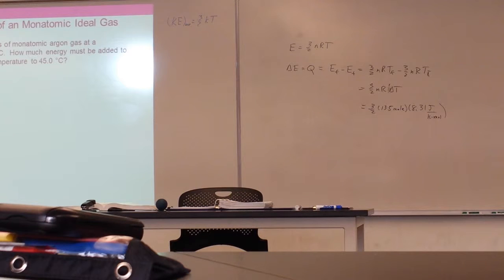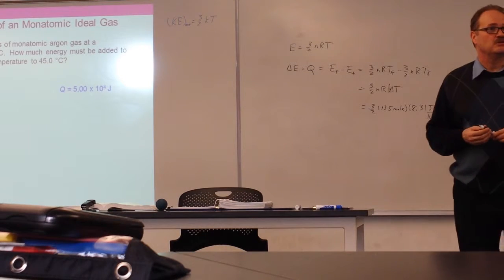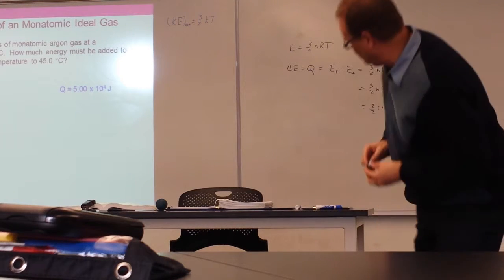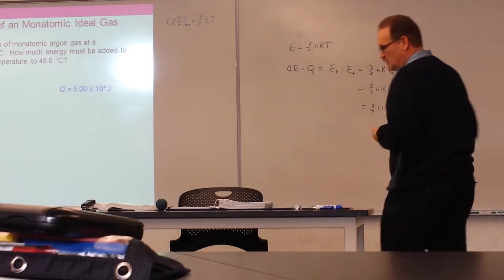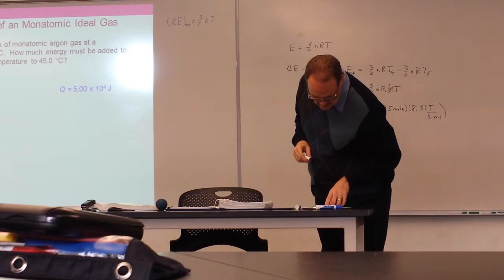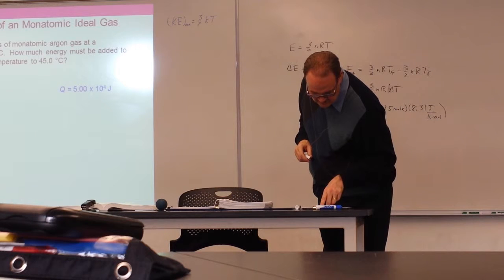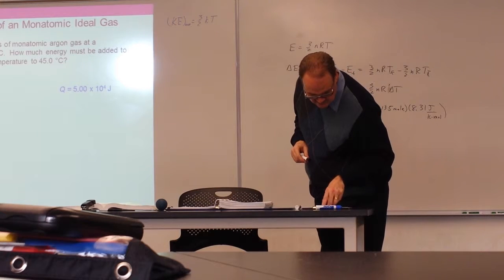Is that what people came out with when they did this? You put the 29 in there? Well, no, I didn't. What did you come up with? Did I do that wrong? No, I mean, no, I didn't put the. You didn't put it in there? Yeah, that's about right.